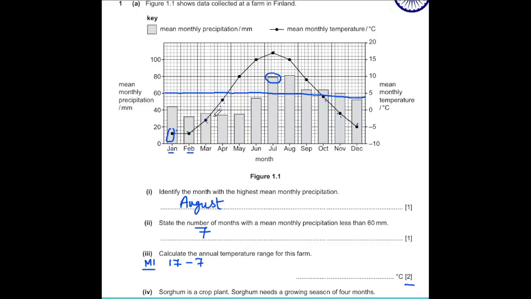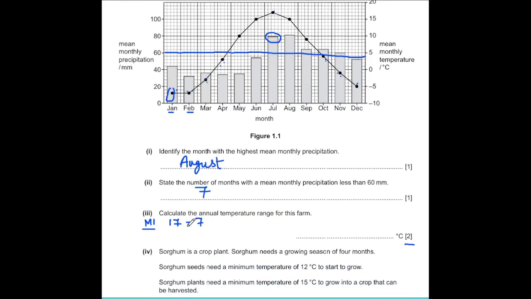So we take 17 and minus 7. What does it give you? Right, 24 degrees Celsius, as mentioned here.